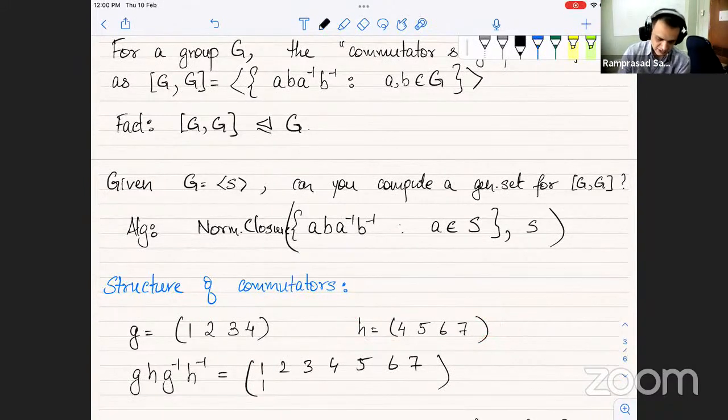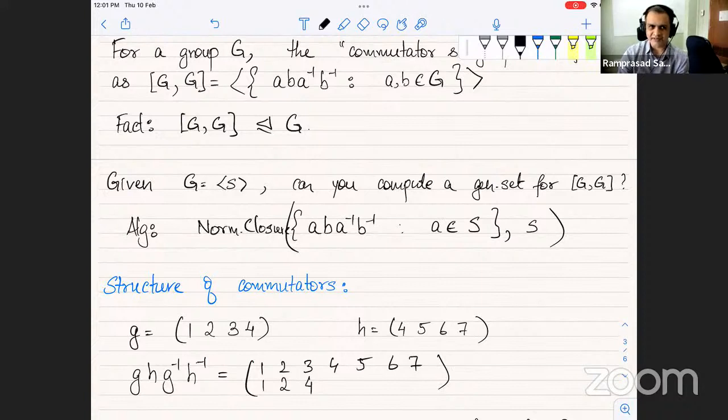So 1 stays at 1. Similarly, 2 stays at 2, because 2 goes to 3, H doesn't do anything, and then it eventually comes back. Okay. What happens to 3? 3 goes to 4. That 4 gets pushed to 5. And then G inverse doesn't do anything to 5, but then H inverse will push 5 back to 4. Is that okay? So you end up getting 4.